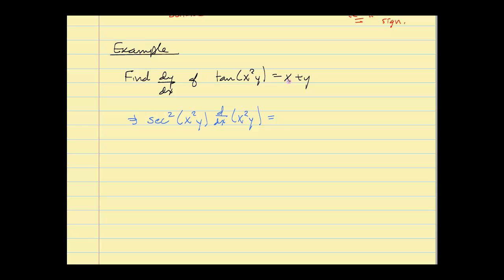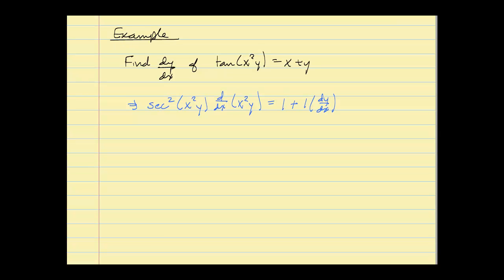Now on the right hand side, the derivative of x is 1, the derivative of y is 1 dy/dx. Because I took the derivative with respect to a variable other than x, I need to make sure I use that chain rule with my implicit differentiation. So secant squared of x squared y, the argument never changes when I take the derivative of a trig function.